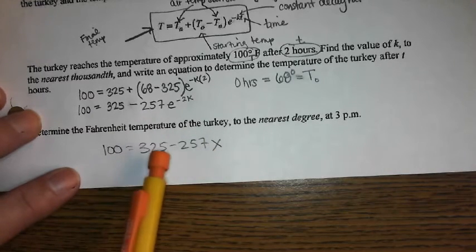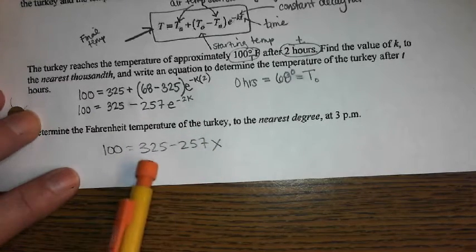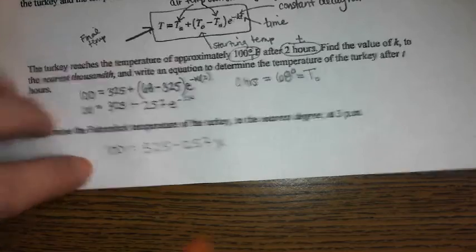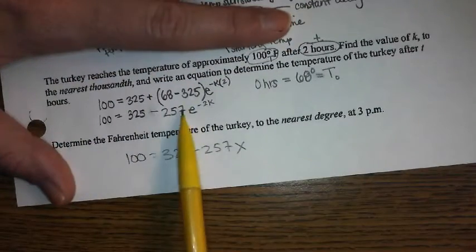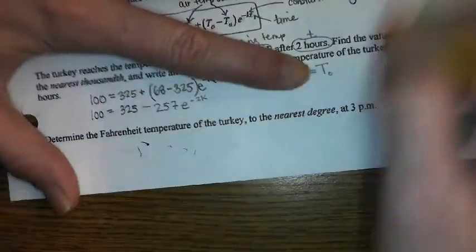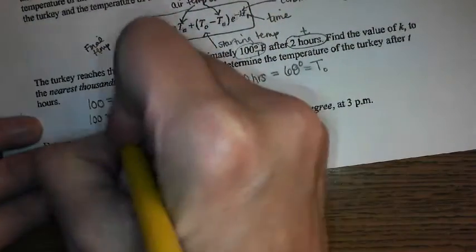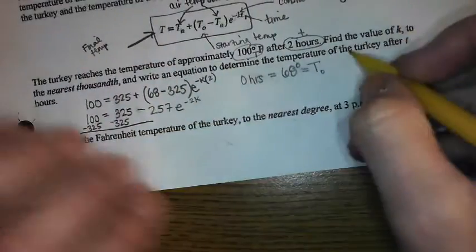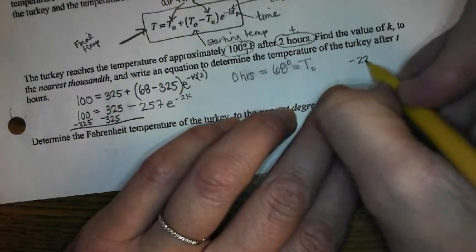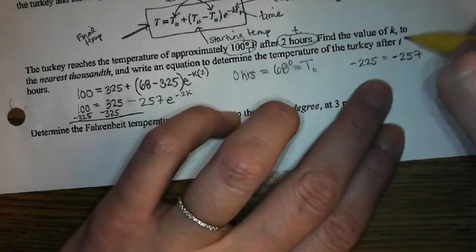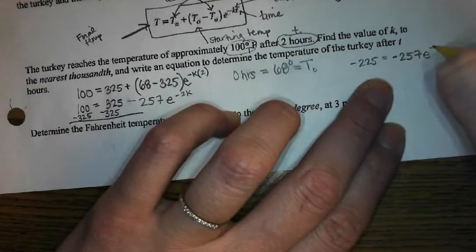I should never subtract that 257 from that 325 when there's an e attached to it, correct? So don't make that mistake. It's a little bit more tempting here because the e isn't that obvious, but you cannot do that. So we're just going to subtract over 325, which is going to make negative 225 equals negative 257 e to the negative 2k.